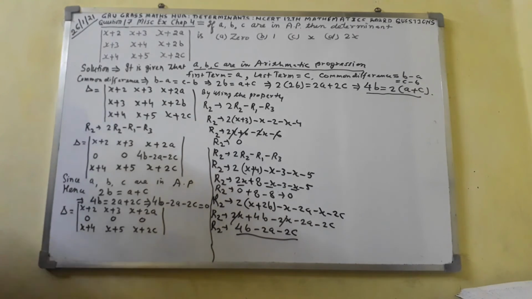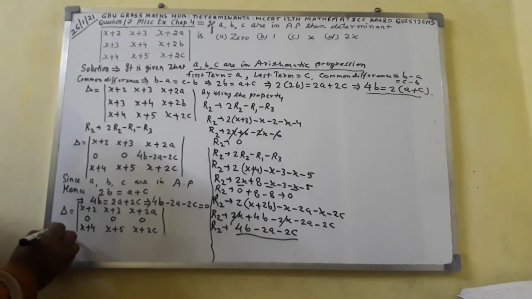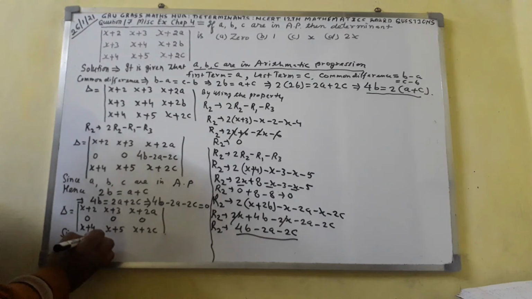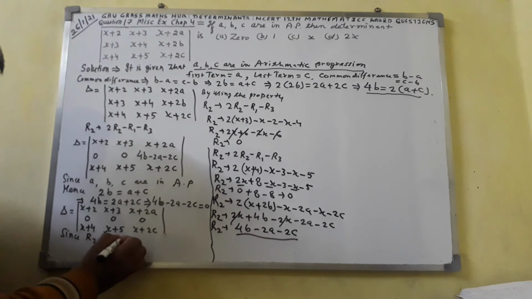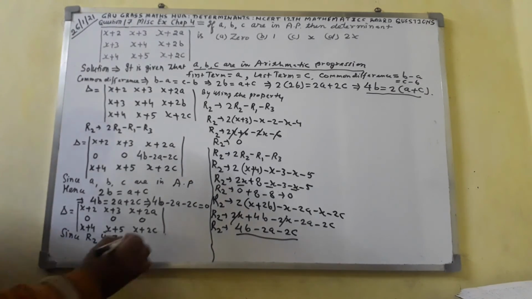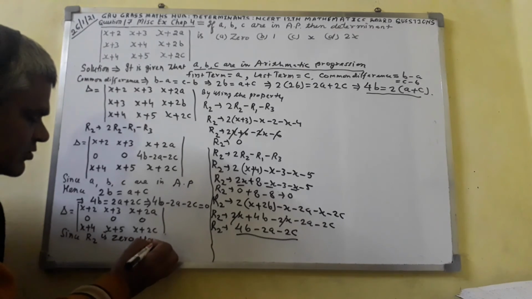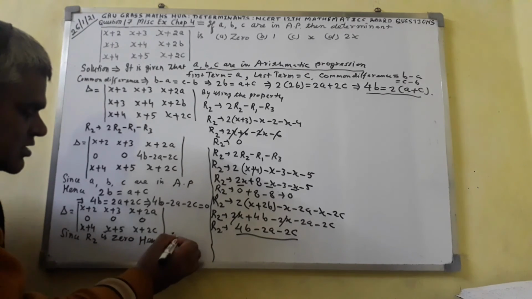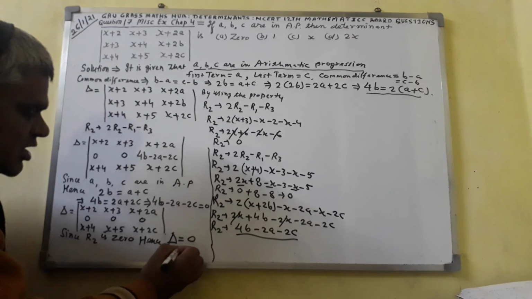This thing we will get. So here I can write very well, since R2 is 0. Since second row R2 is 0, hence delta equal to 0. This will be the answer.